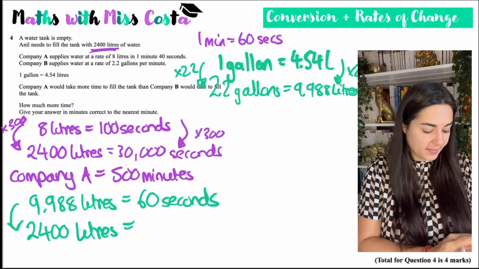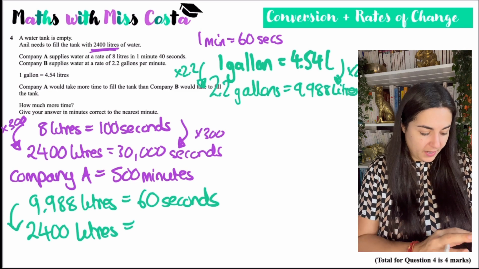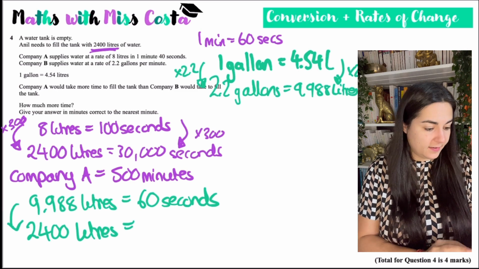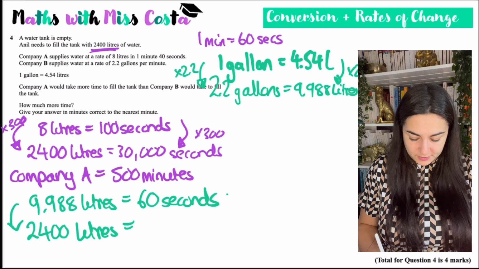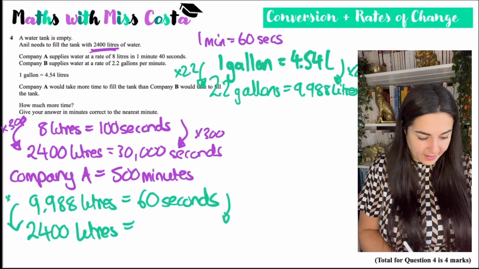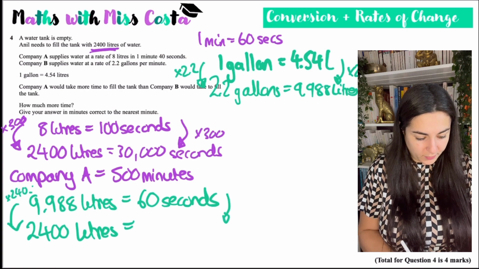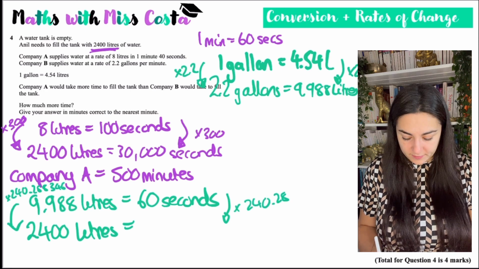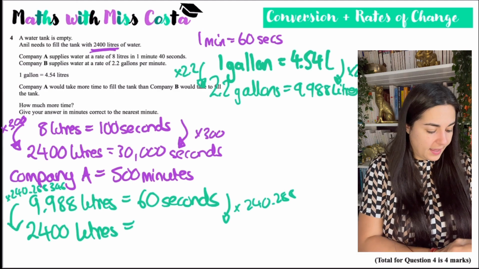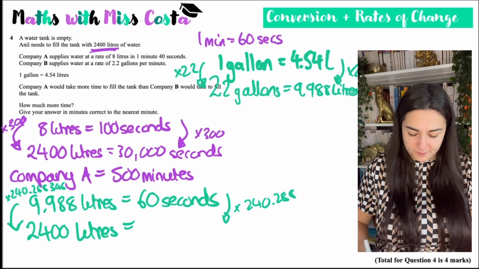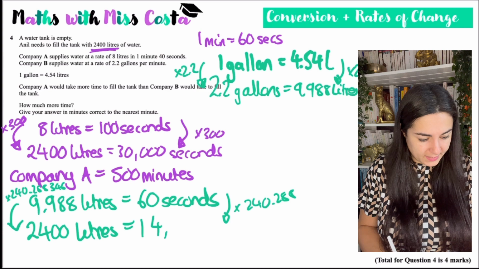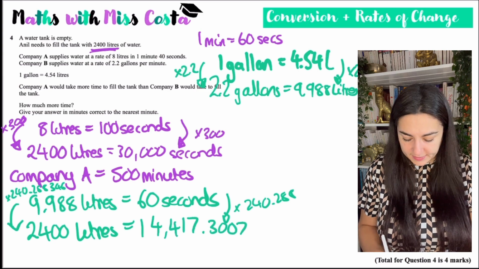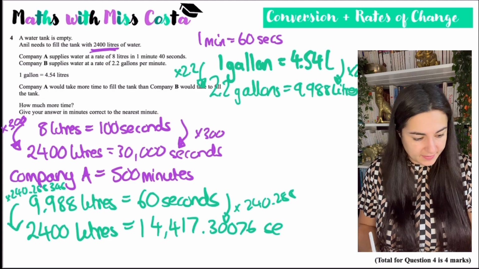So we do 2,400 divided by 9.988, which is 240.288346. So we multiply this side as well by 240.288. And that gives us, oh, big number, 14,417.30076 seconds.